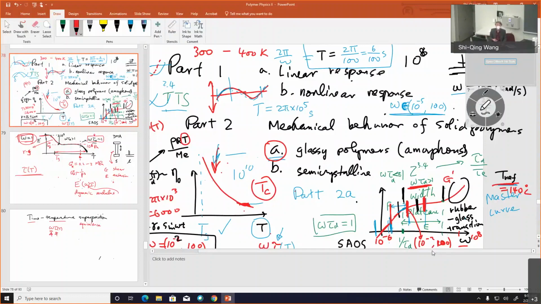Makes sense? It's entirely arbitrary, for your convenience perhaps. And typically you want to choose the temperature that you will often wish to deal with. Let's say my processing is done at 140, then obviously I want to present this whole curve at 140.